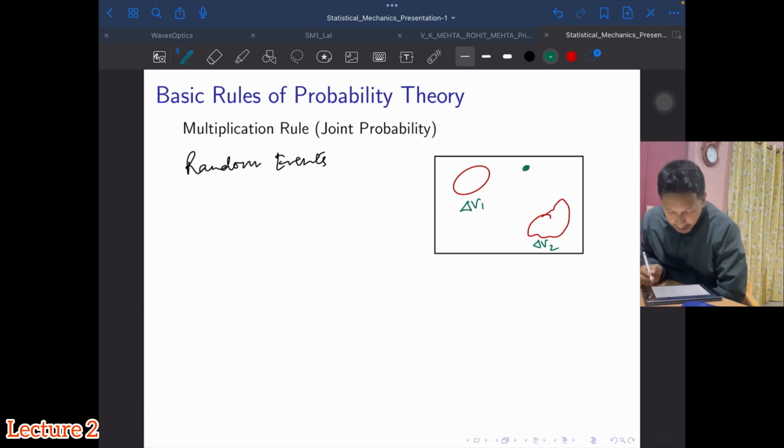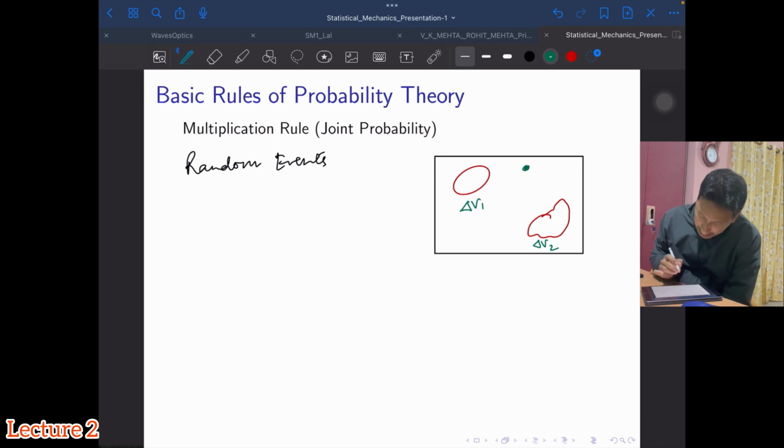But now let's talk about particle 1 and take another particle 2. Let's say the probability of finding the particle in the region delta V1, I had to do n trials.